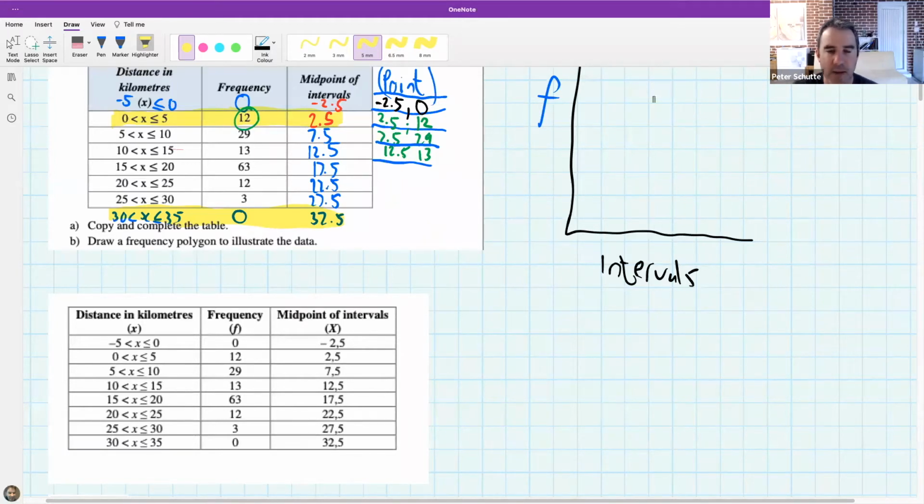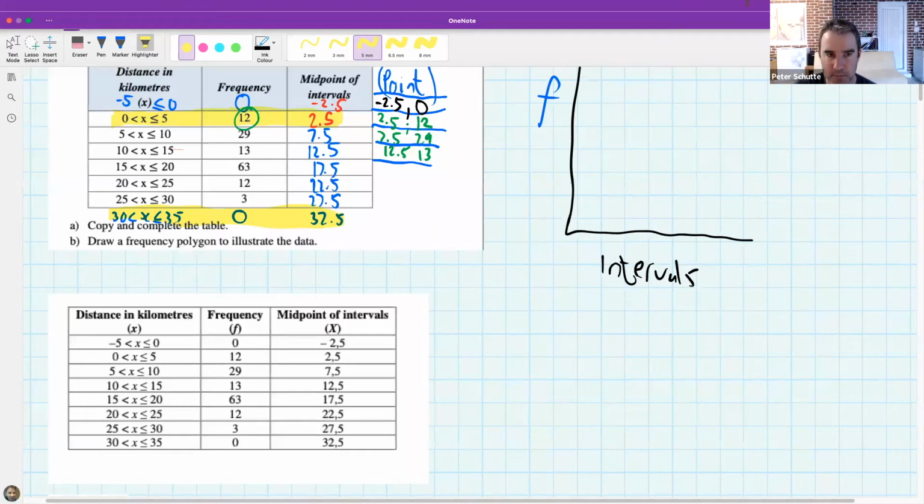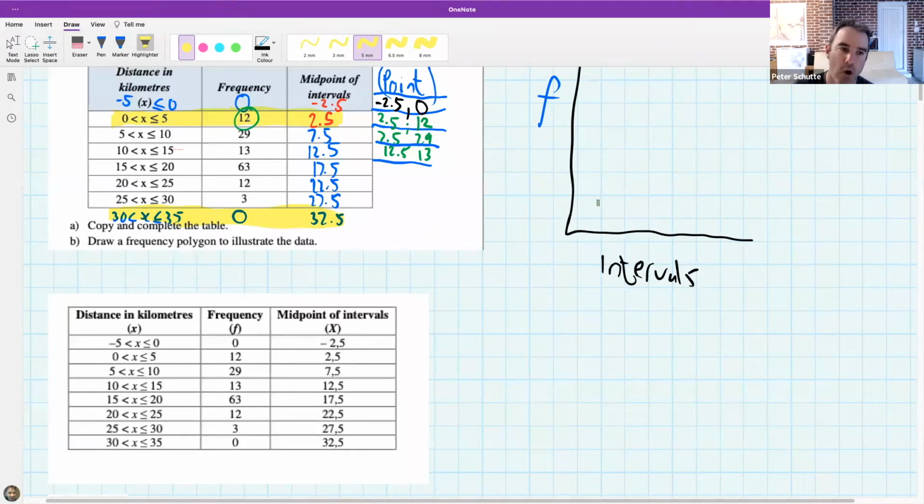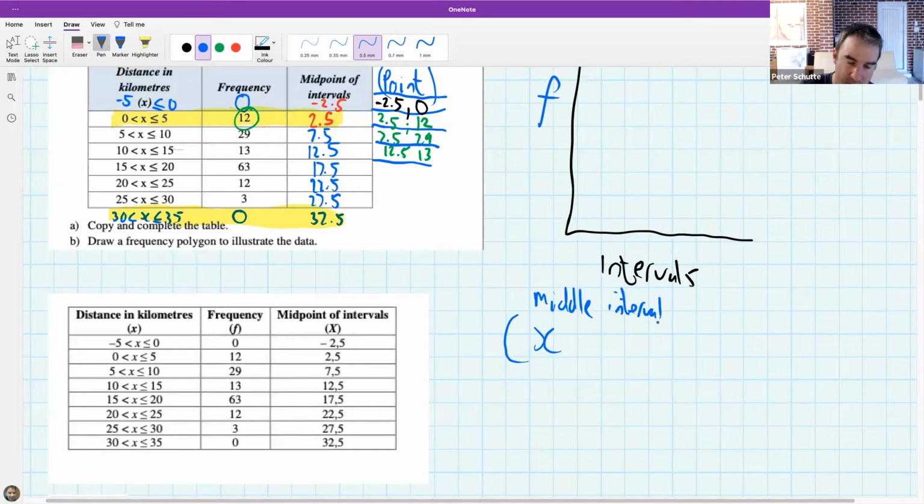Because of time, I do want to spend the majority of my time today working on the ogive, but a frequency polygon is really just using the middle of an interval as the x coordinate. So if you think about the coordinates, the x coordinate is going to be the middle of the interval, and the y coordinate is going to be the frequency.